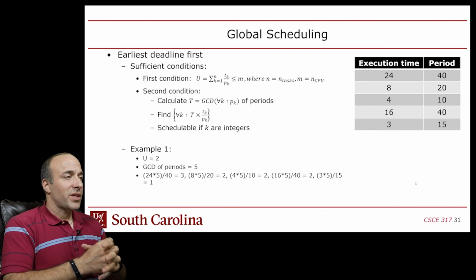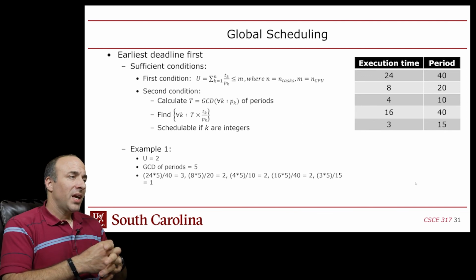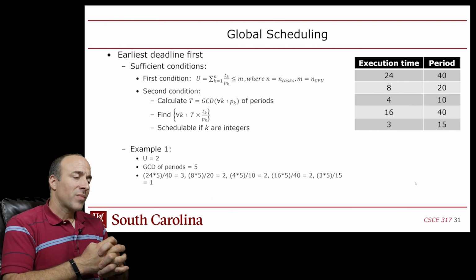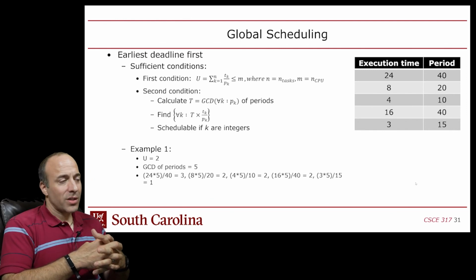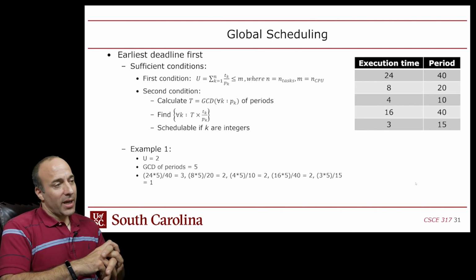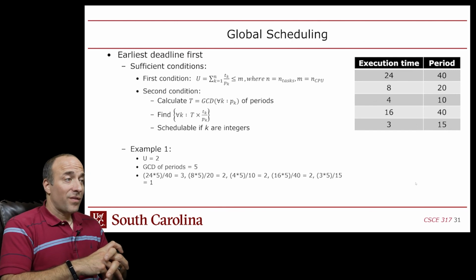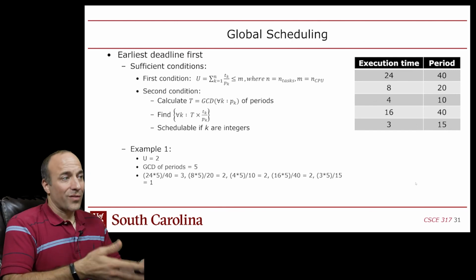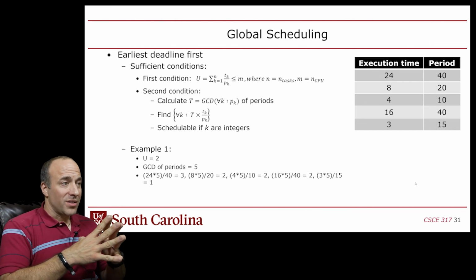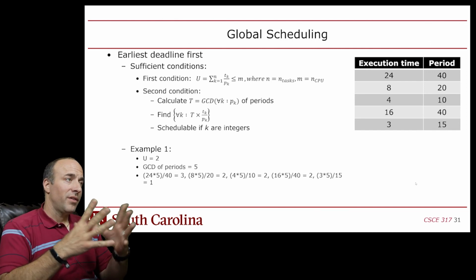And then you assign that to a variable t, and then for each task, you take the ratio of its execution time over its period, and you multiply it by t.